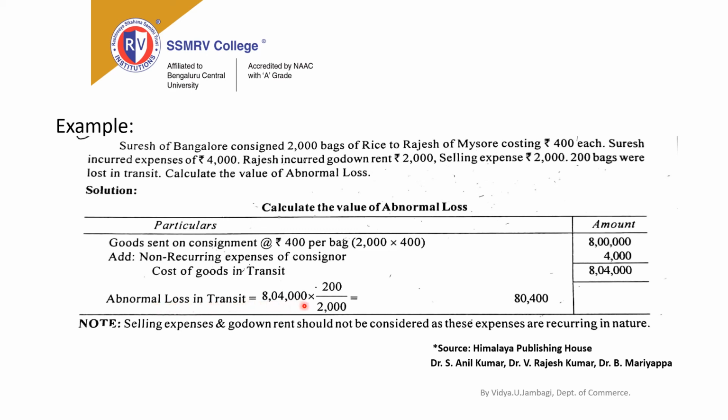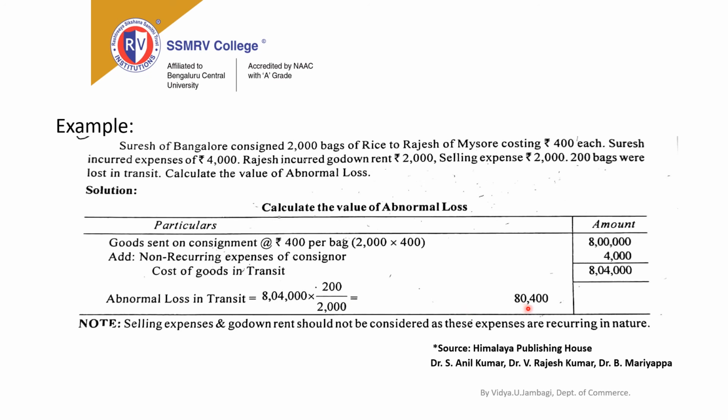So 8 lakh 4000 into the number of units lost in transit divided by the total number of units consigned. So that is 8,04,000 into 200 divided by 2,000. 200 is the abnormal loss and 2,000 is the total bags consigned.